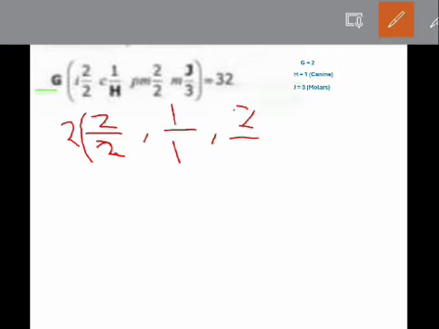So we have said G is 2, H is 1 for the canine, and J is 3 for the molars. So let's write 2 over 2, comma, 1 over 1, comma, 2 over 2, comma, 3 over 3.